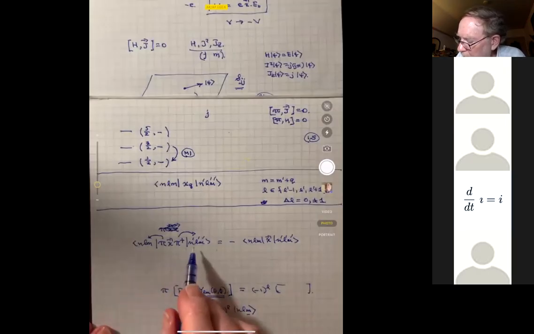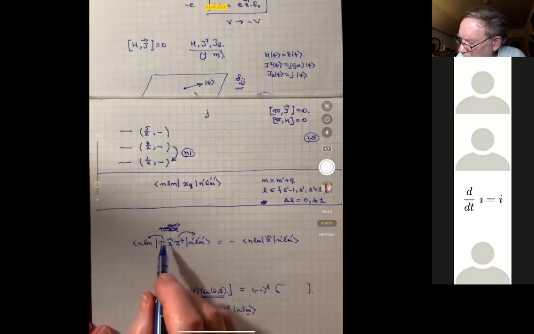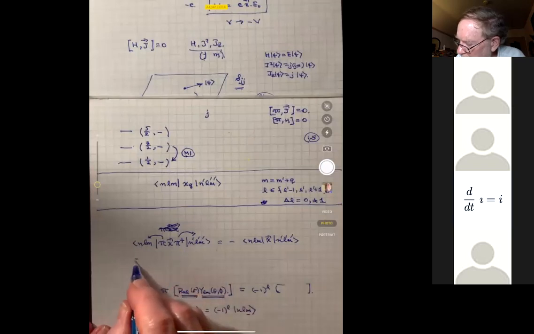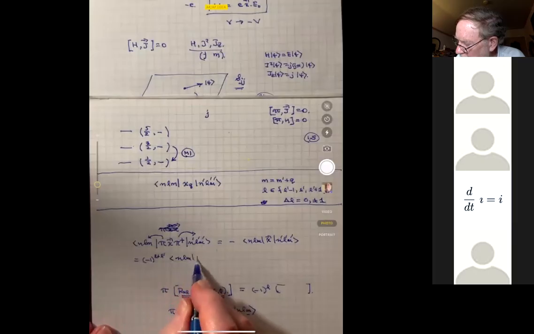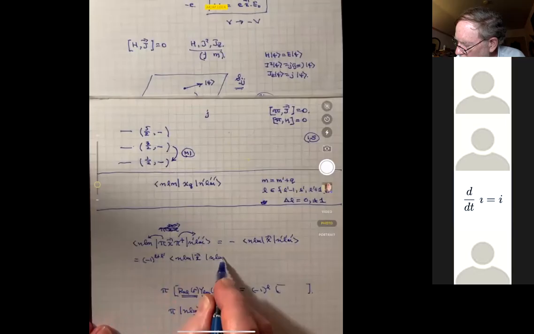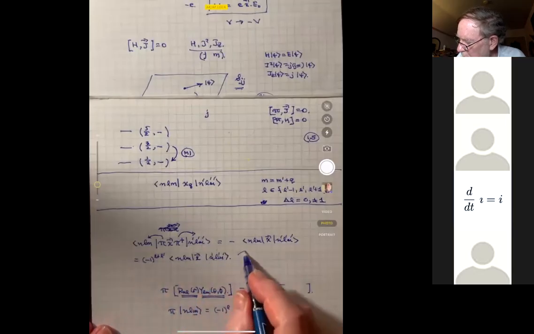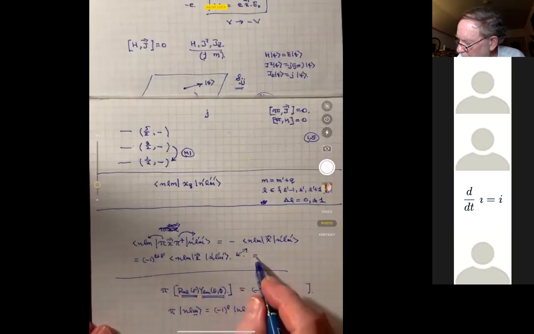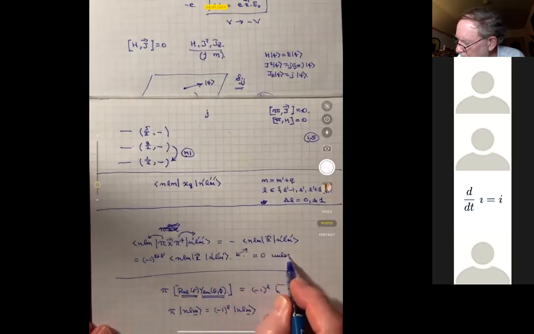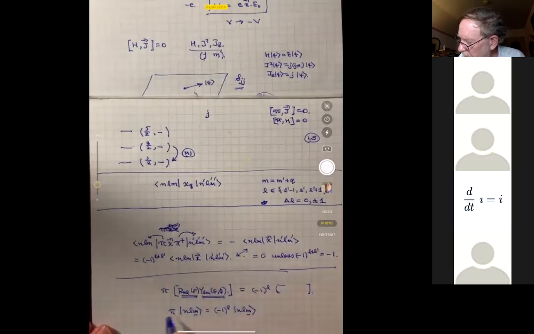So to go back to our matrix element, this left-hand side, if I let pi act to the left and on the right, I bring out a phase factor of minus 1 to the L plus L prime times the matrix element NLM, x in the middle, and then NLM with primes on the right. So this whole thing is equal to 0 unless minus 1 to the L plus L prime is equal to minus 1.